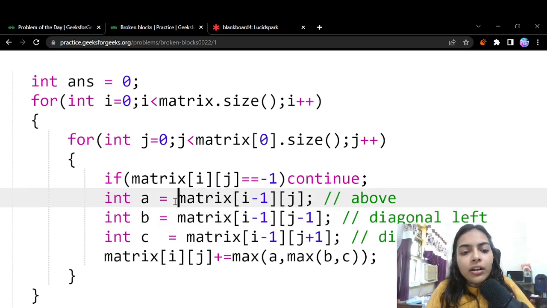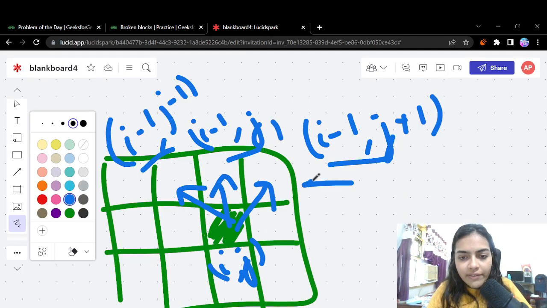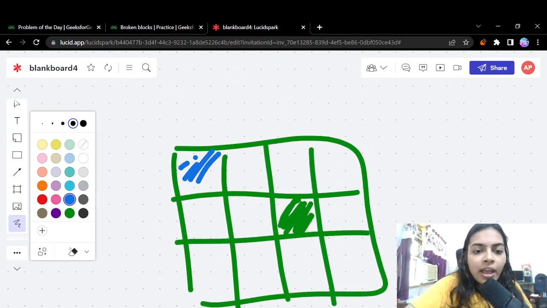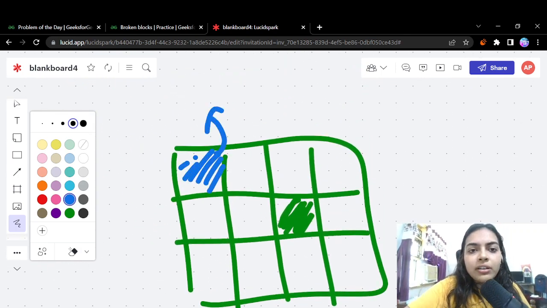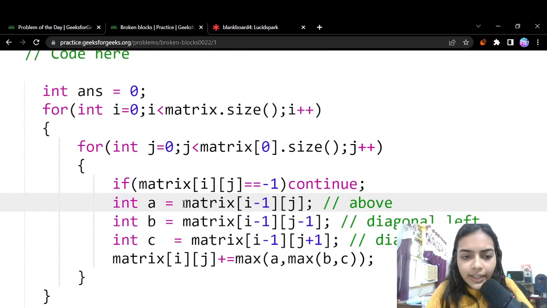Now there are some more cases which you have to consider. For example, for the very first row, in the very first level, you will not have these top cells. If you are at this box and you give i minus 1, it will give you an error, because if i is 0, i minus 1 will be minus 1, and that cell doesn't exist.